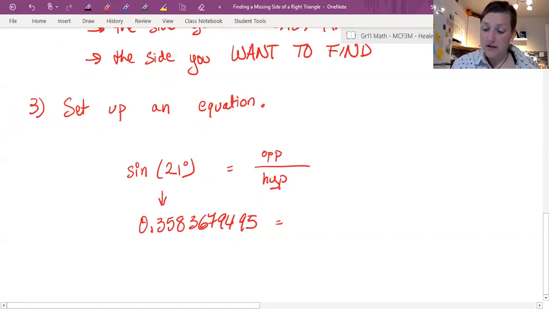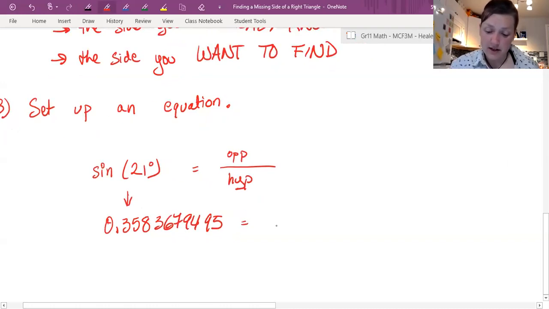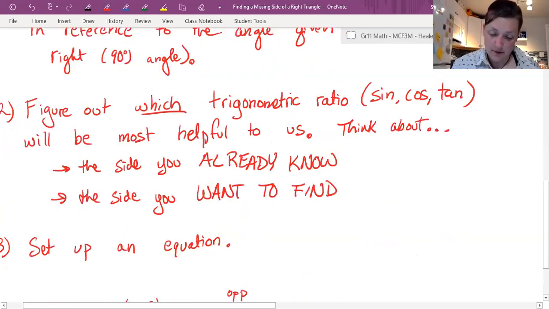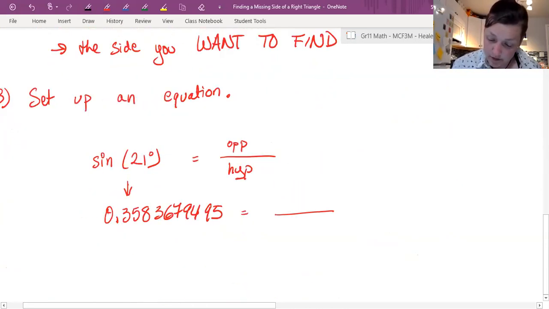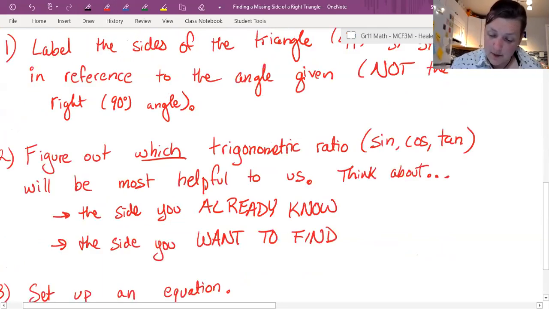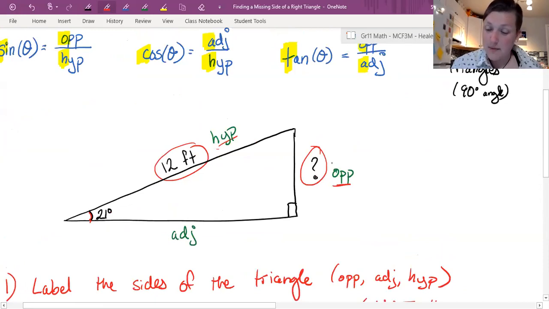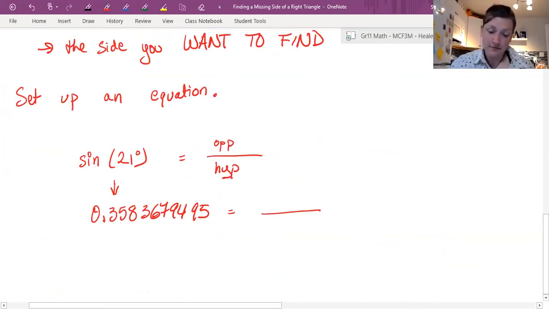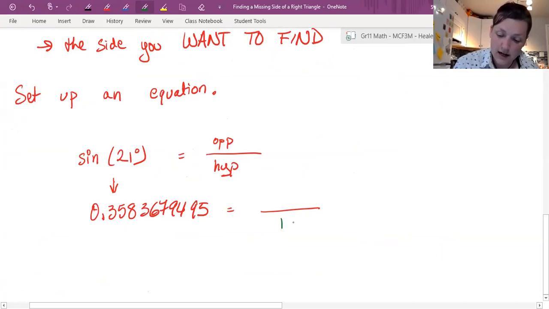That helps us figure out the thing we don't know. When we went back up, our hypotenuse, we knew was 12 feet, and our opposite side is the side we didn't know. You could write the word opposite, or a variable like P to represent it, or X, whatever you like.